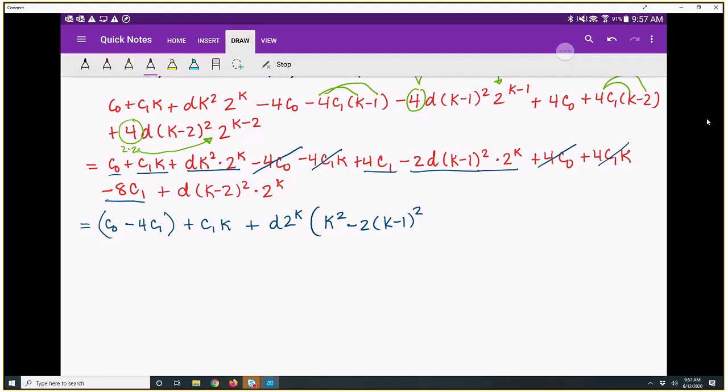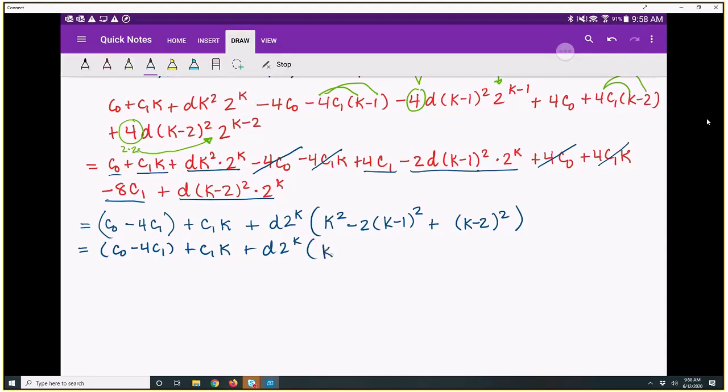That's this whole term here. And then I have plus (k minus 2) squared. So let's see how we can simplify that. The rest of this will remain the same: c0 minus 4c1 plus c1k plus d times 2 to the power k.